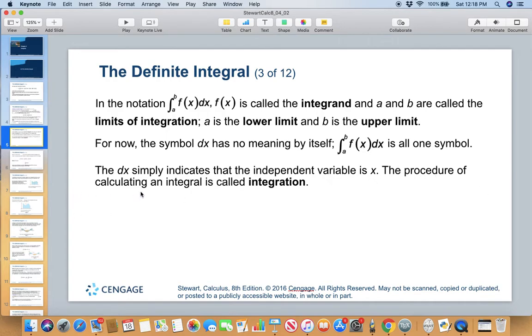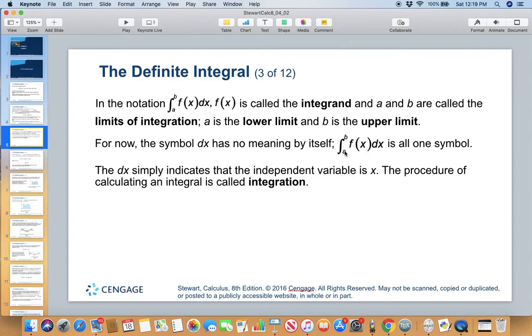The procedure of calculating an integral is called integration. So this is all one symbol. What does it say? It is short form of the following phrase: integral from a to b of f(x), where x is the independent variable.